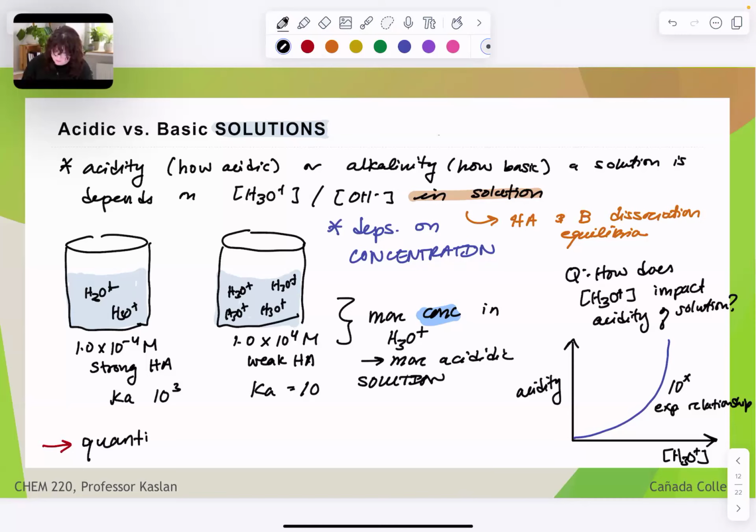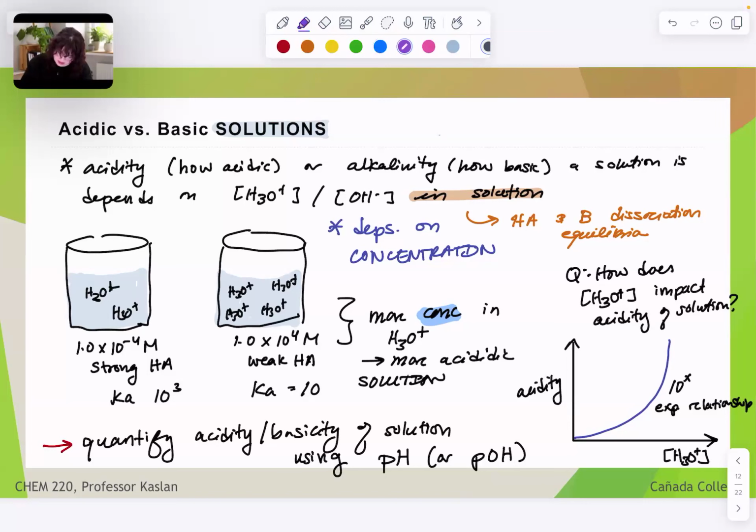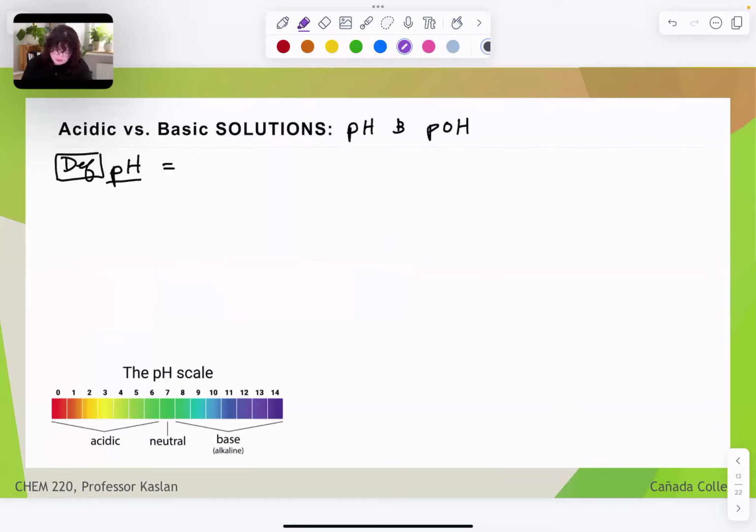So we can quantify acidity or basicity or alkalinity using what we call pH or even pOH, where the P in these terms relates to the fact that this is a 10 to the x exponential relationship. So let's talk about our quantification of acidity or basicity, which we call pH.